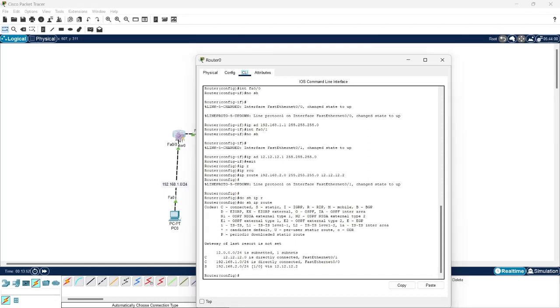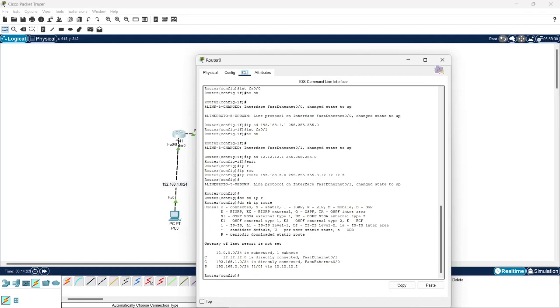So we're gonna go to the first router. As you can see, I have made it before: ip route 192.168.2.0 with the prefix 24, and then with the gateway being the IP address of router 1, the second router.